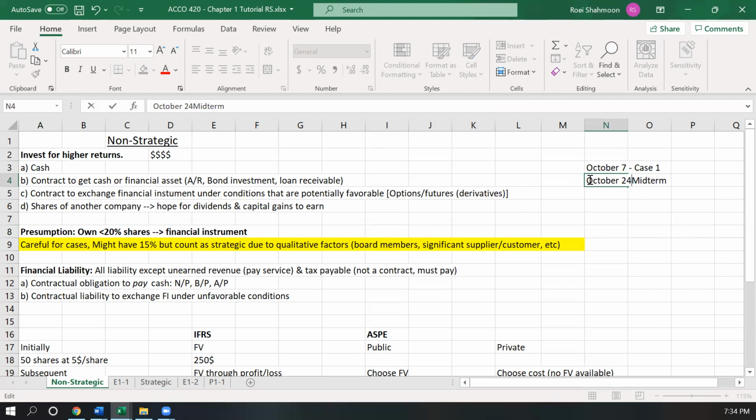I really structured the schedule this semester in a way that we will be able to get through the material in a timely manner. For example, by October 2nd, we're going to be doing chapters 1, 2, 3, and a case review. So you should be well prepared for this chapter right here. Now, the midterm, you will also have chapter 4, which is why we're going to do that the week after we do the case review.